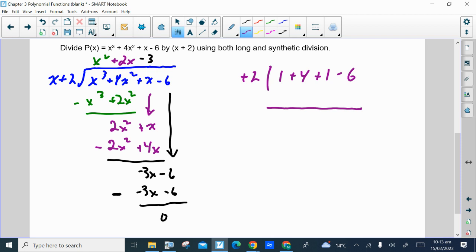If we look back at what we did with long division, the initial term coefficient of the dividend was 1, and that is also the initial term coefficient of the quotient, the answer. That will always happen. Whatever the initial term coefficient is of the dividend, that will equal the initial term coefficient of the quotient, the answer.